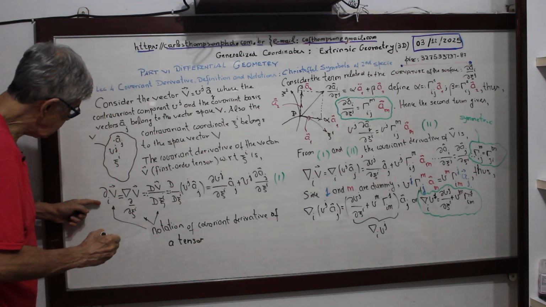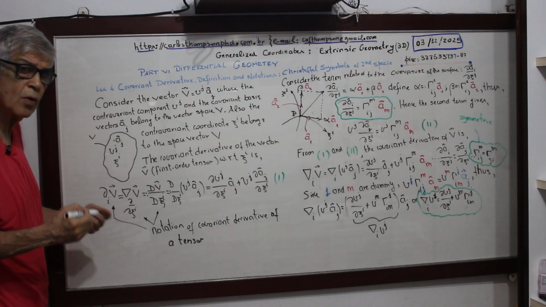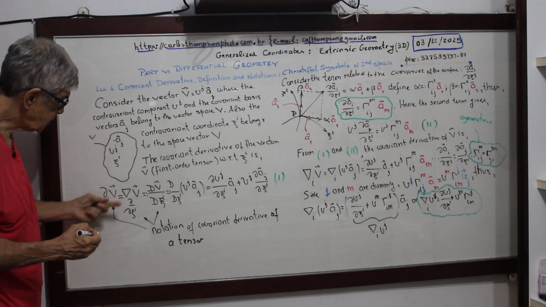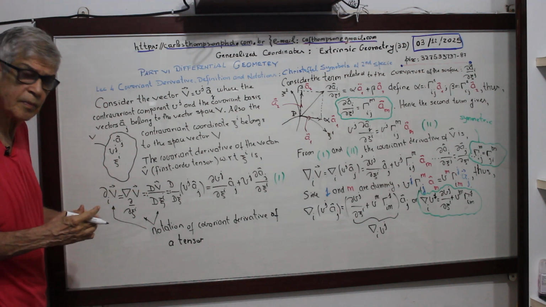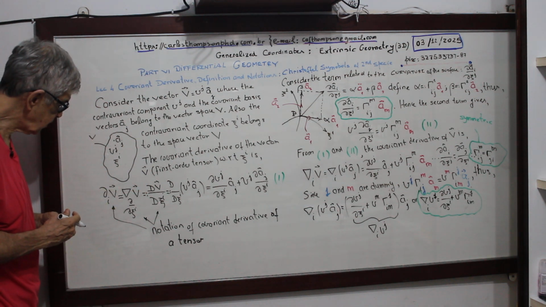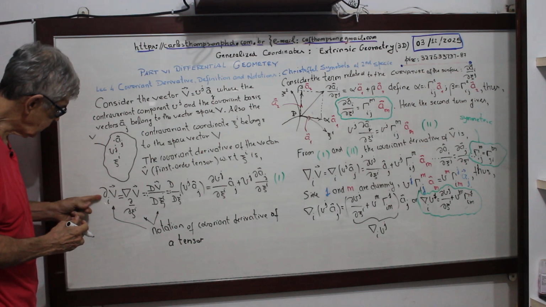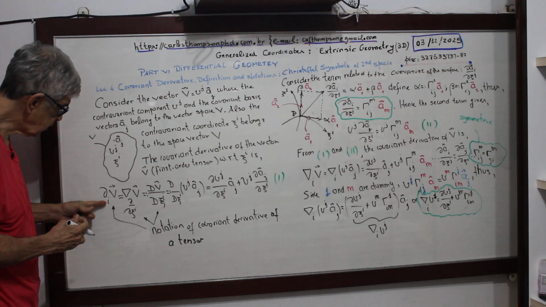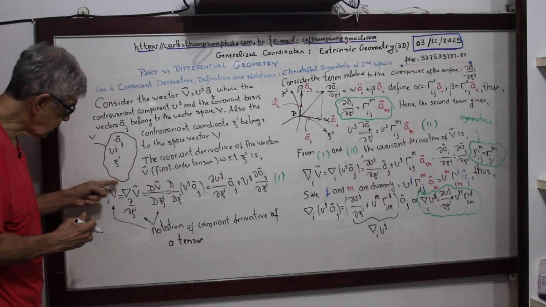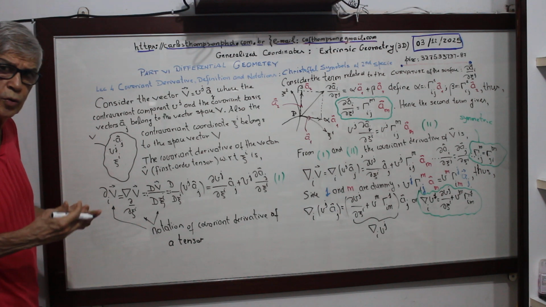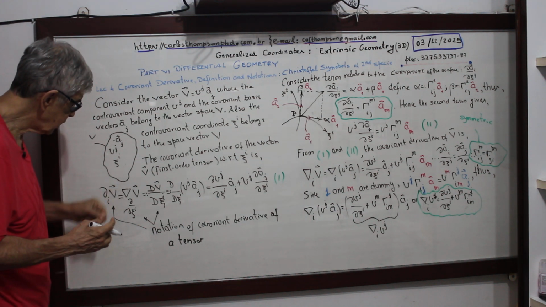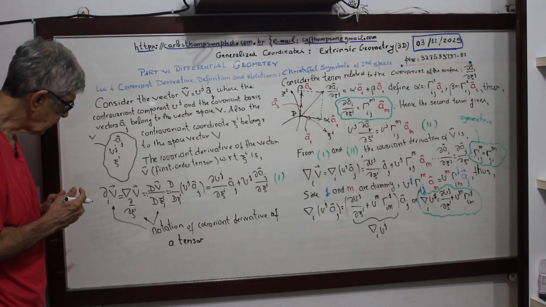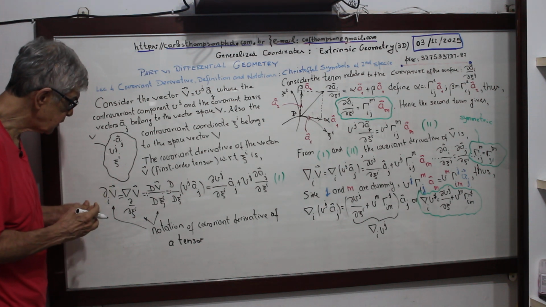You see, these are several notations that represent the same idea. This is the partial derivative with respect to Xi, okay? In the literature, you find this as nabla V. This is the covariant derivative.